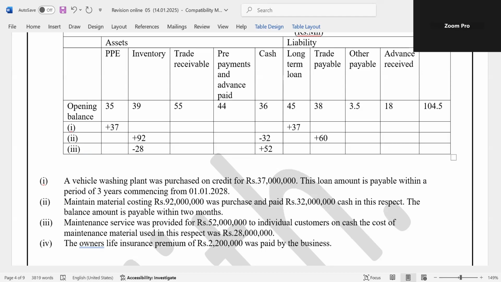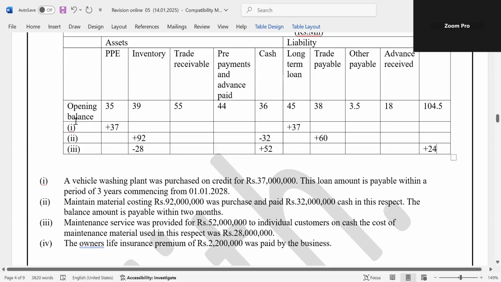Therefore, the difference, the profit, will equal 24 million. The profit effect is an equity increase. Providing vehicle maintenance service is like sales. It is like cash sales.